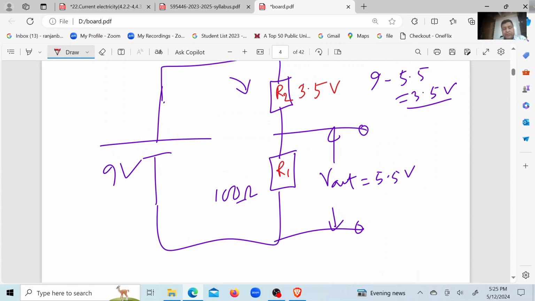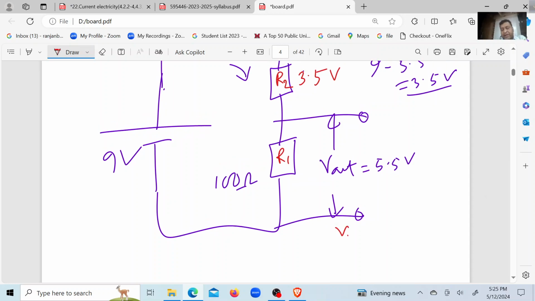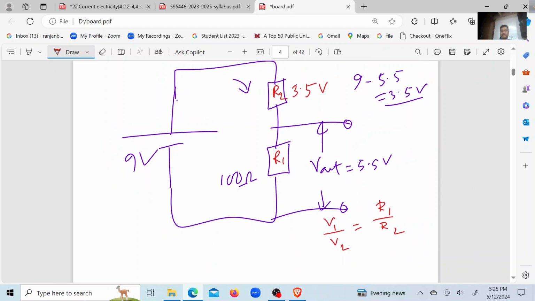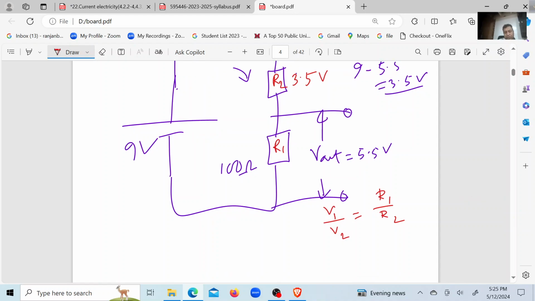Now what to do? You know the formula. Voltage is divided according to the ratio of resistance. That means V1 by V2 is equal to R1 by R2. If you consider V1 is V out, then V out by the other voltage V2 will be the corresponding resistance, 100, divided by the unknown resistance R2.